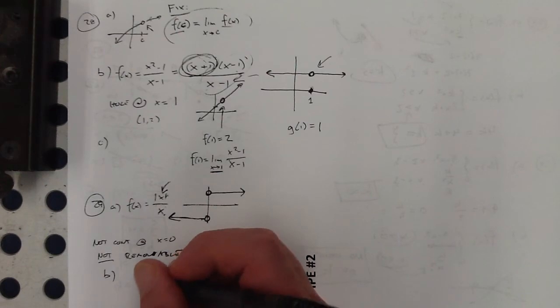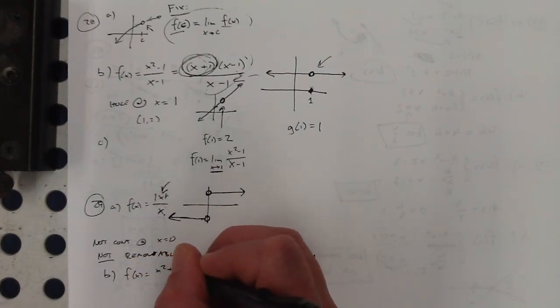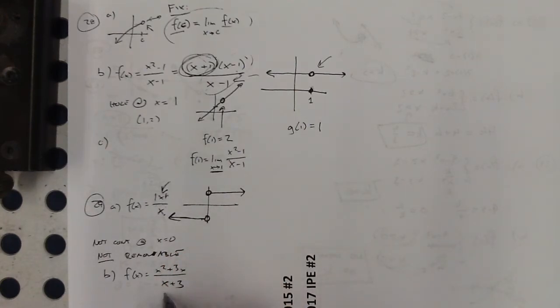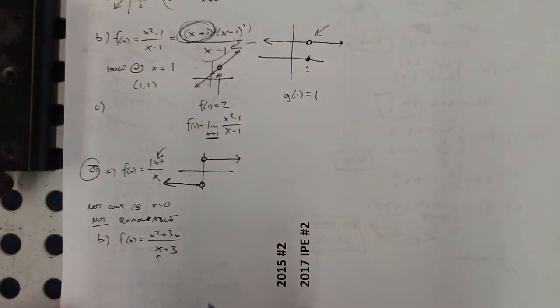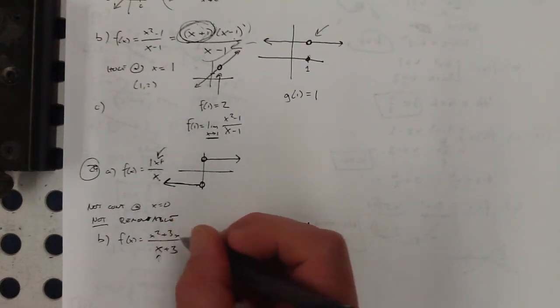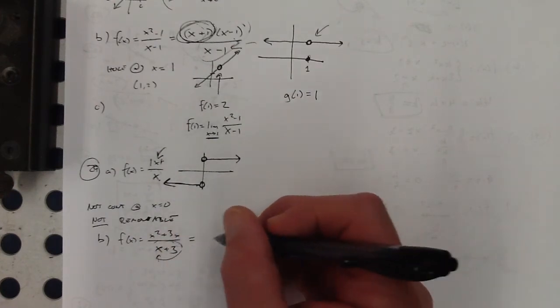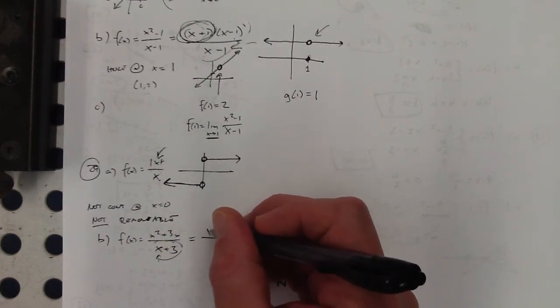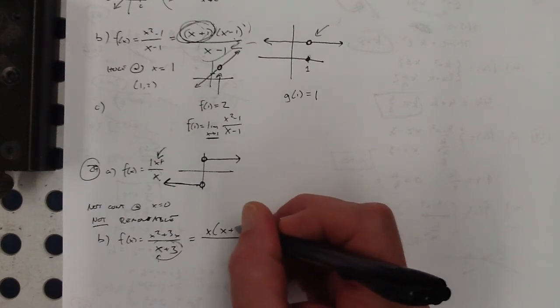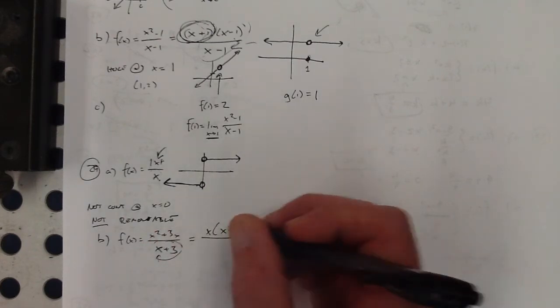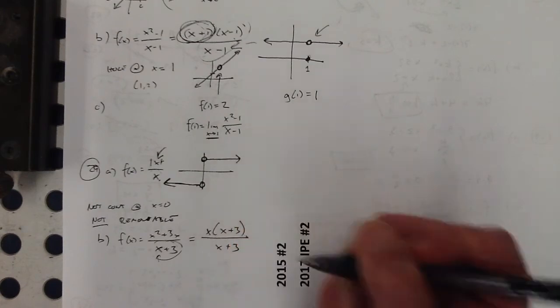No absolute value signs here, so what do we have here? F of x is equal to x squared plus 3x over x plus 3. So -3, that's a problem here for discontinuity. Now the only way that that's going to be a hole is if the same exact factor shows up on the top. If it has the same factor on the top, then it's a hole.